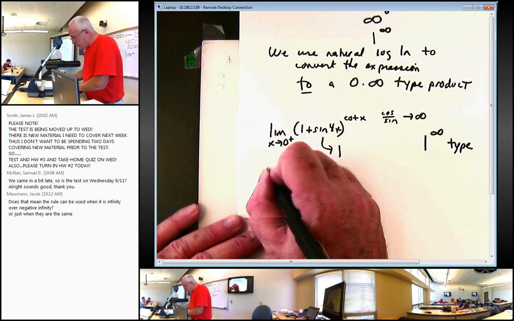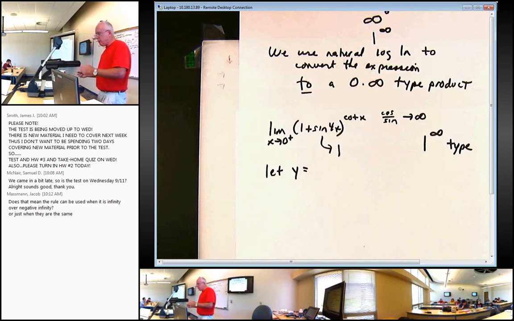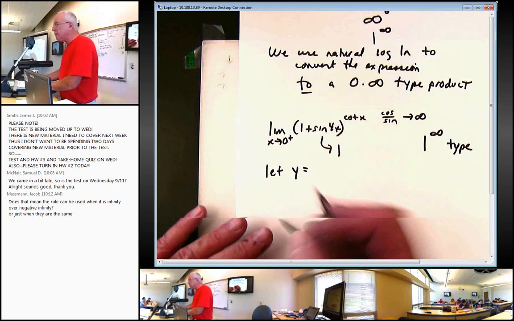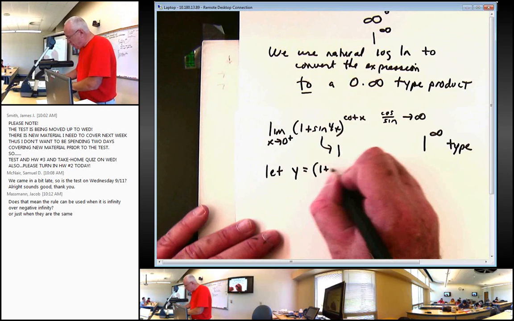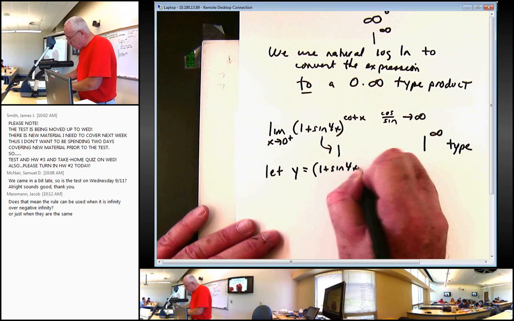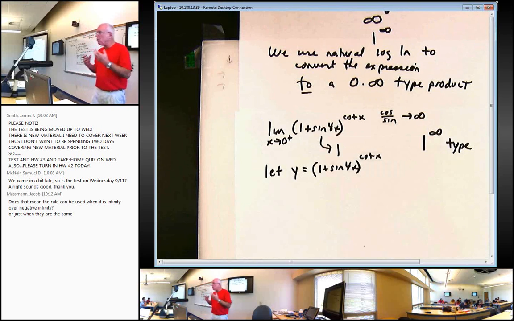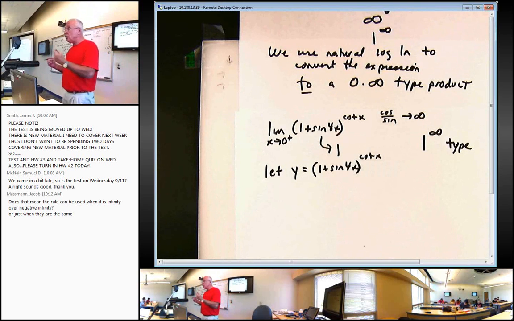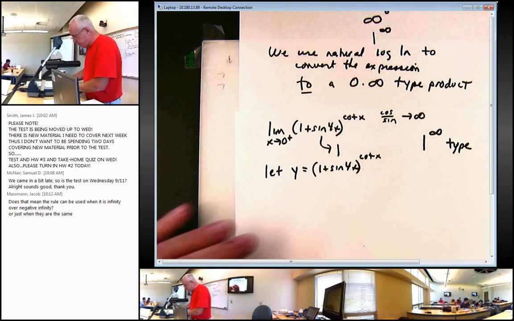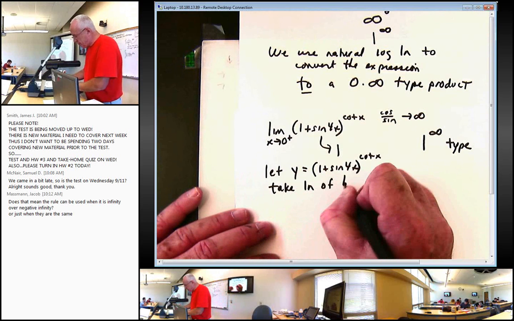Well, let's do it this way. Let's designate our expression that we're taking the limit of. Let's just use the variable y. So let y equal (1 plus the sine of 4x), close parentheses, to the cotangent of x. So that's what we're calling y. Now what we're going to do is take the natural log of both sides. Take the ln of both sides.